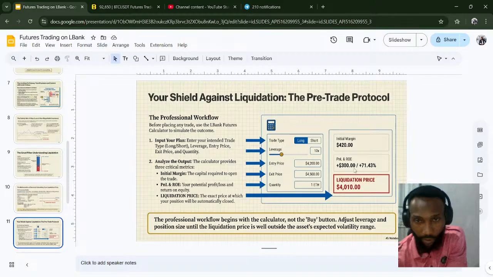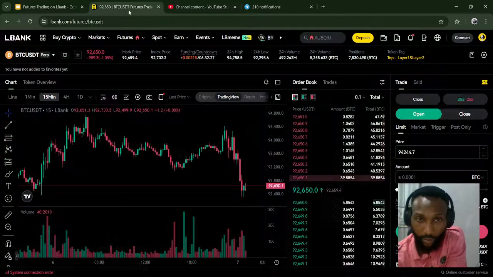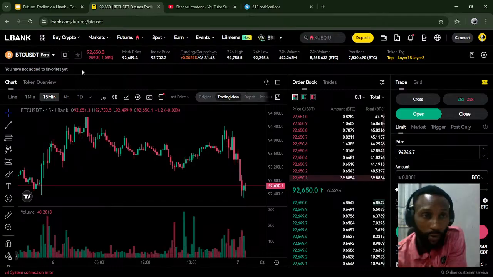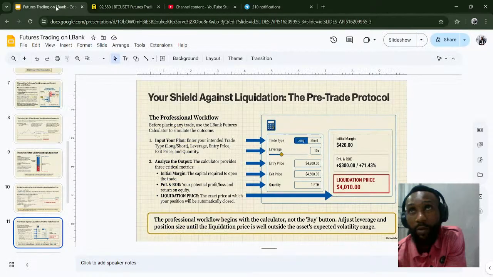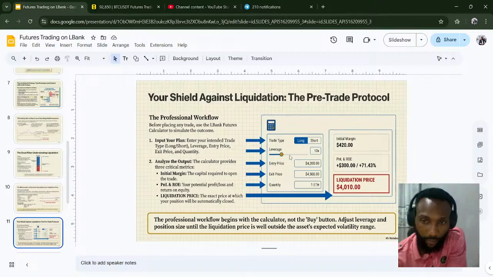From this diagram, you can see this is what the LBank interface looks like. We'll come back to it. You can see leverage is 10x for a long.